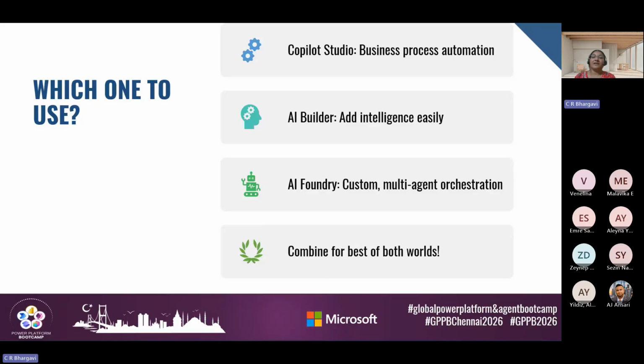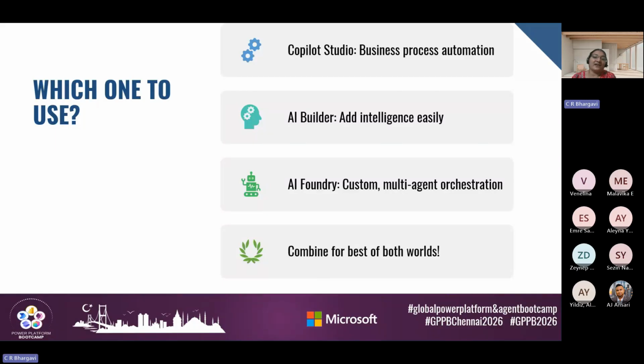But AI Builder is just adding some intelligence easily, alone. In the case of Copilot Studio, you have the whole process automated, everything you want can be integrated, and it helps you in building the solutions for you. So that's how Copilot Studio will help you.